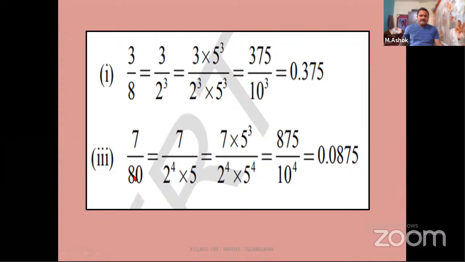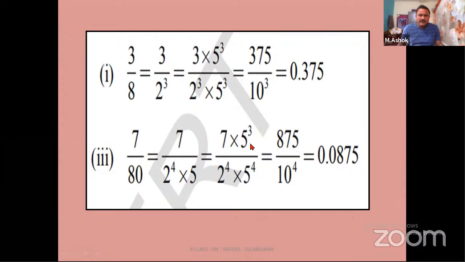7 by 80. Now 7 is a prime number, keep it the same. The prime factorization of 80 is 2 to the power of 4 into 5. If 5 has the power 4, then the denominator can be written as 10 to the power of 4. So to get equal powers, I multiply both numerator and denominator by 5 cube. Why? Already one 5 is there.